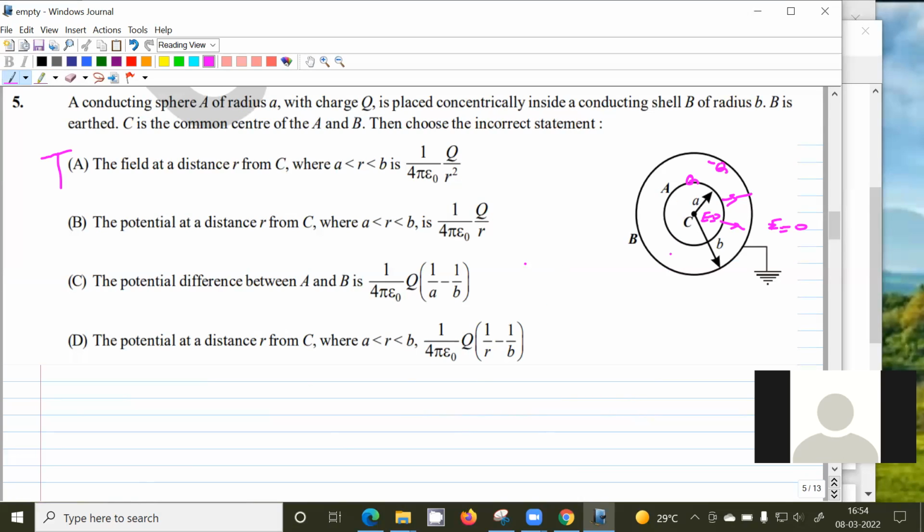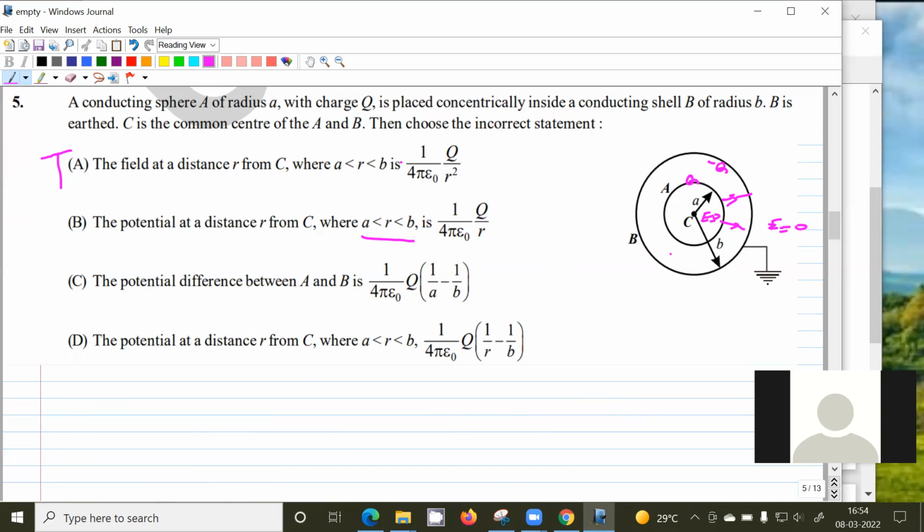The potential of B is 0. Then option C should be Q by 4 pi epsilon naught B only, no? Then minus 1 by A minus 1 by B. This thing is valid between A to B, right?